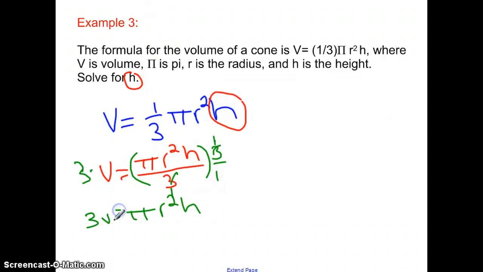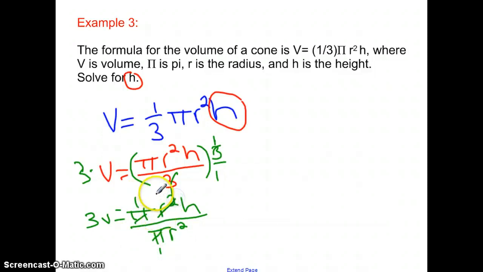Okay, so we want to still work to get the h by itself. It's being multiplied by pi, and it's being multiplied by r squared. So what I'm going to do is divide this all by pi r squared. Pi divided by pi gets you 1.